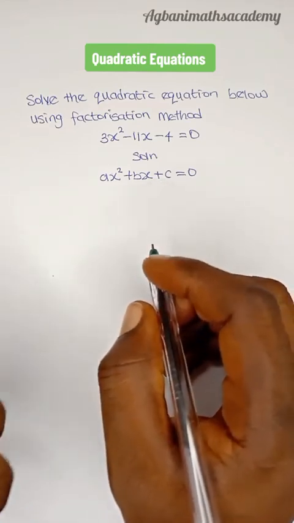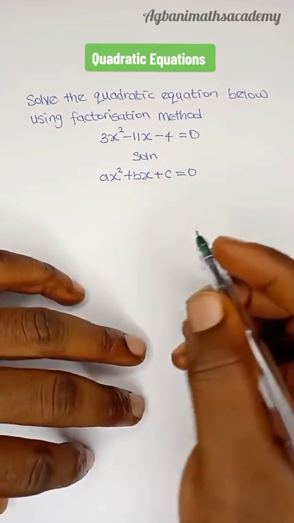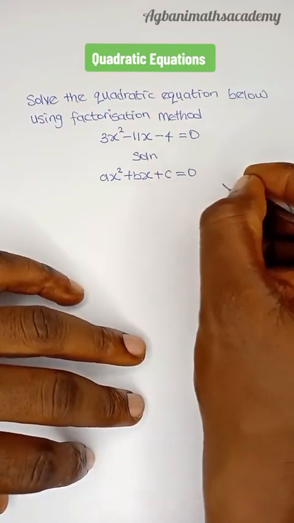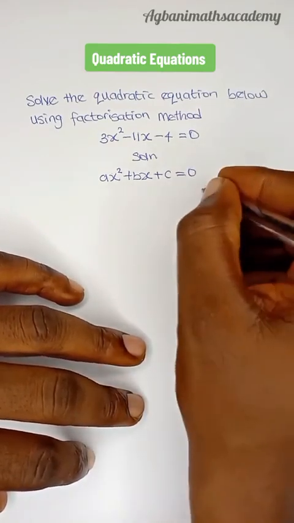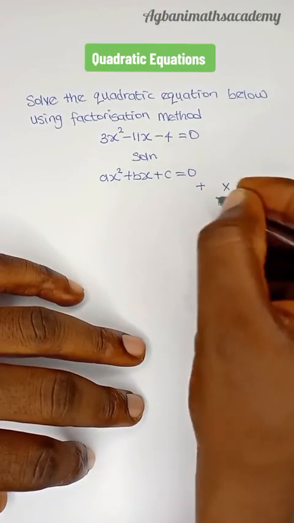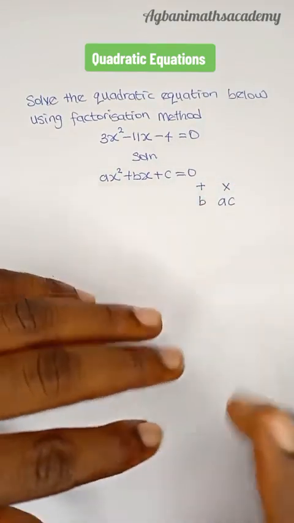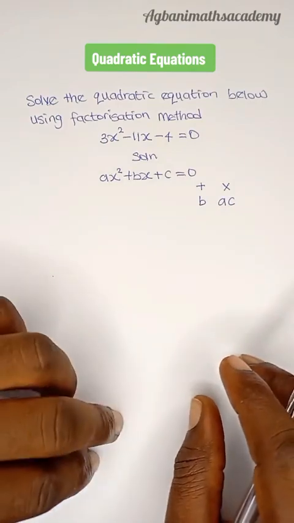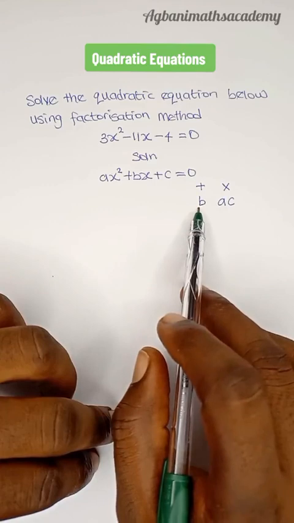So for us to factorize, we are going to look for two values that will multiply themselves to give us AC, and add themselves to give us B.